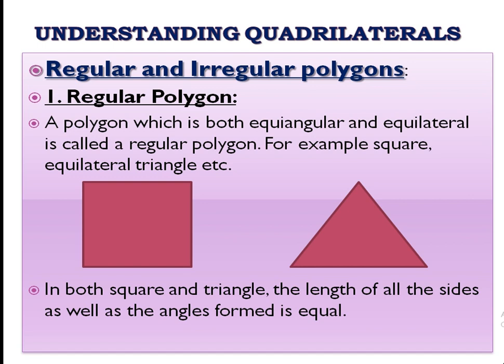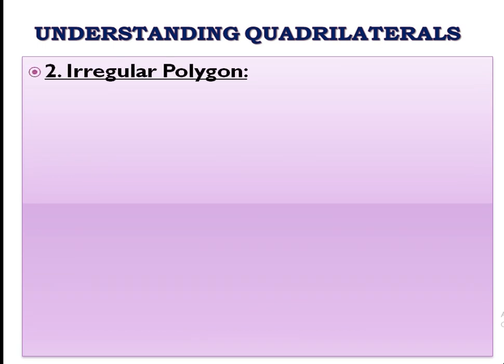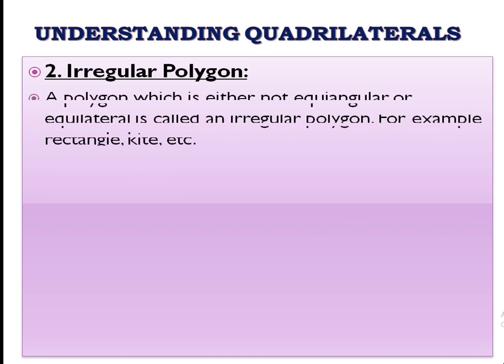Okay student, these are the examples of regular polygons. Now irregular polygon. What is an irregular polygon? Let's see. A polygon which is either not equiangular or not equilateral is called an irregular polygon.